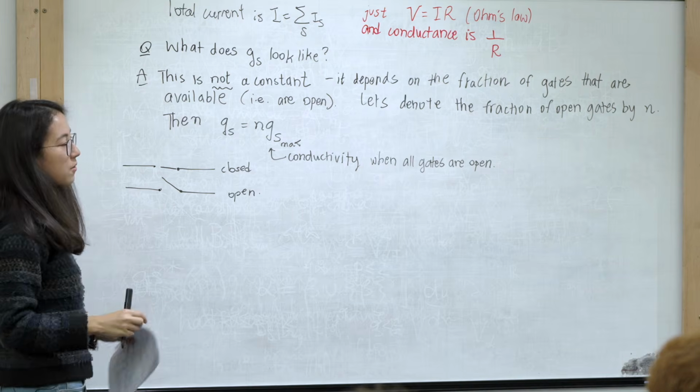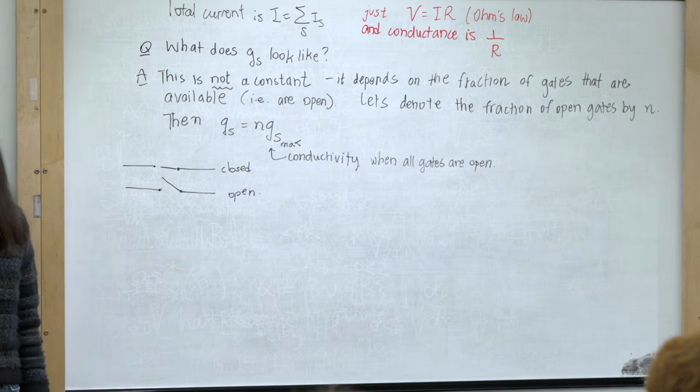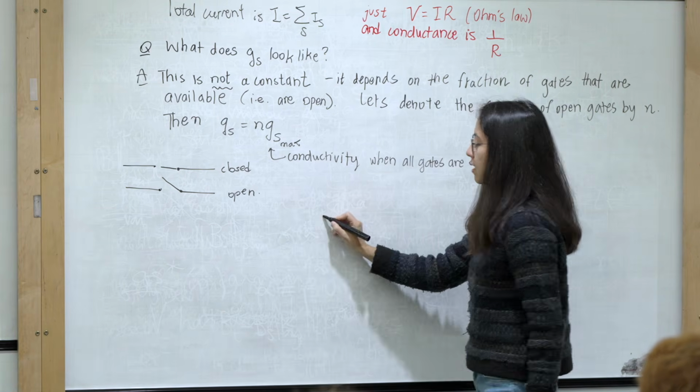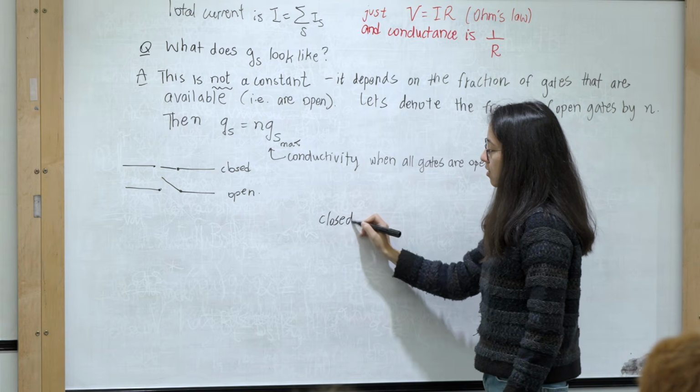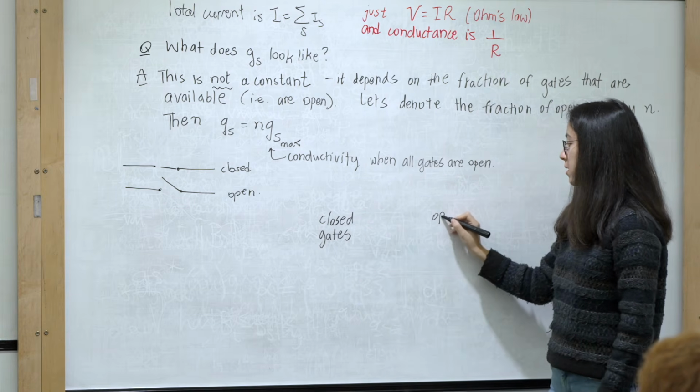Okay, so mathematically, I will go back to these reactions that we were doing at the beginning with enzymes. If you remember, we were using the law of mass action to write the differential equation. So let's assume now that on the left-hand side, I'm going to have the closed gates, and then here, I'm going to have open gates.